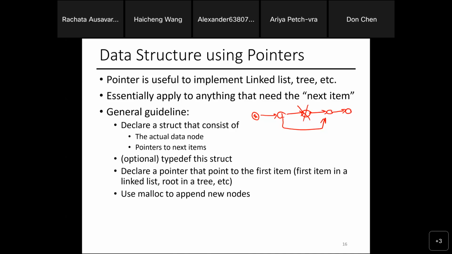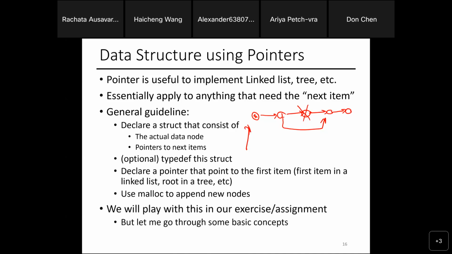Then you would declare a pointer that points to the first item here. Every time you have to add more items, malloc. Every time you get rid of something, free. We'll play around with this concept during the demo, as well as the exercise, as well as your assignment.